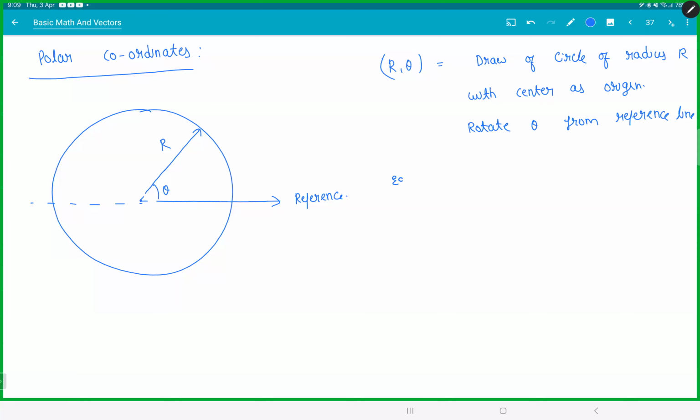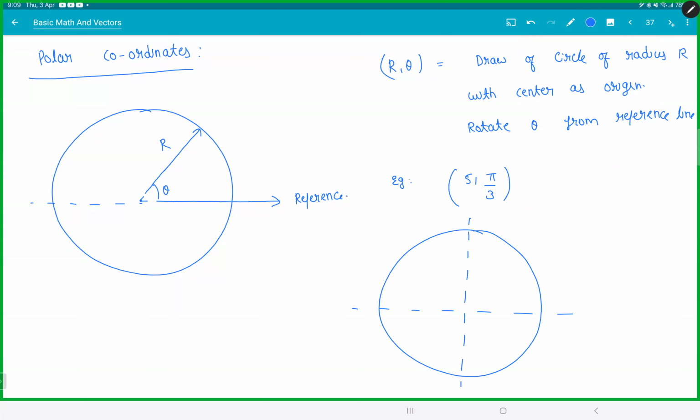Example. If I give you something like 5 comma pi by 3, now listen to the meaning of this. From the origin, draw a circle of radius 5. That means your address can be anywhere on this circle, right? That is the meaning of it.